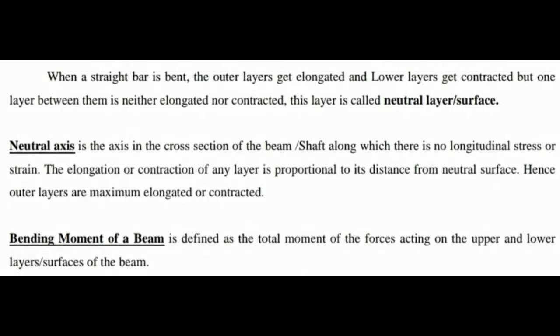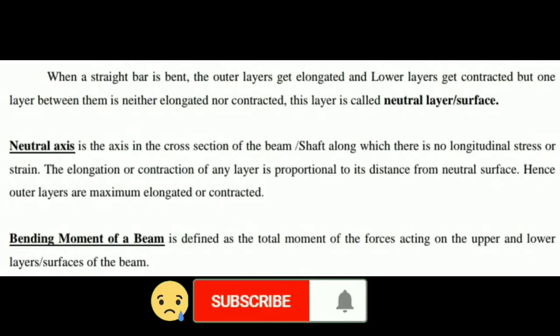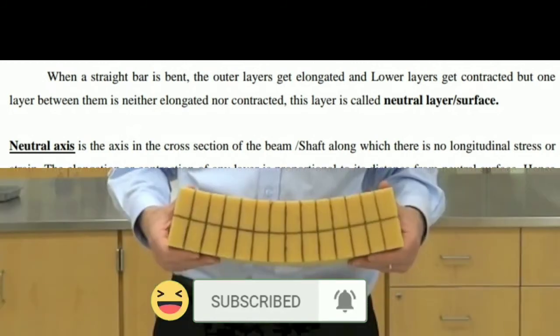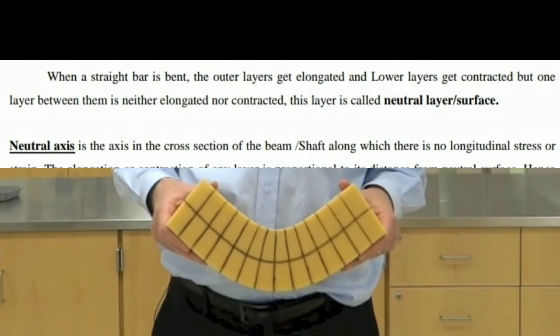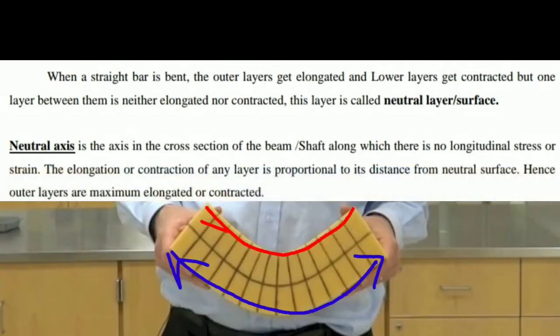Once a beam or a bar is bent, the outer layer gets elongated. At the same time, the lower layer gets contracted. But the layer present in the middle of these two layers is neither contracted nor elongated.